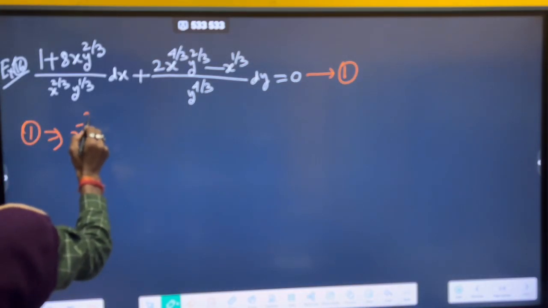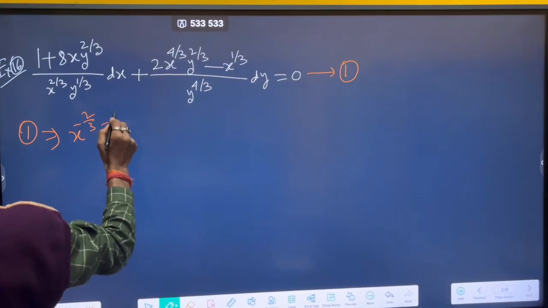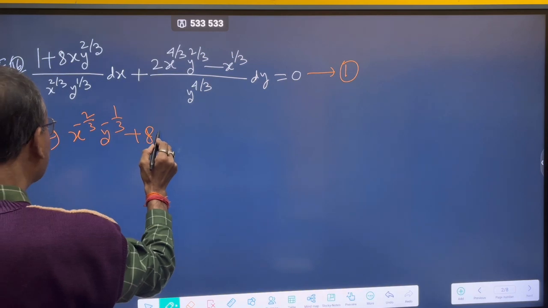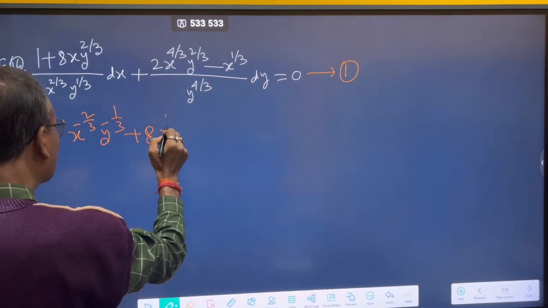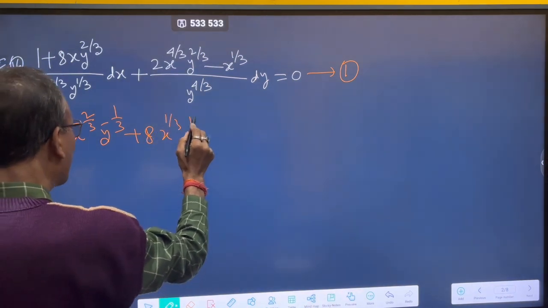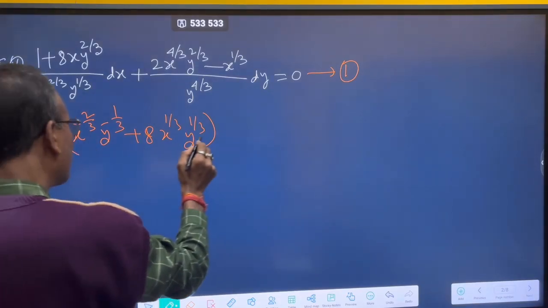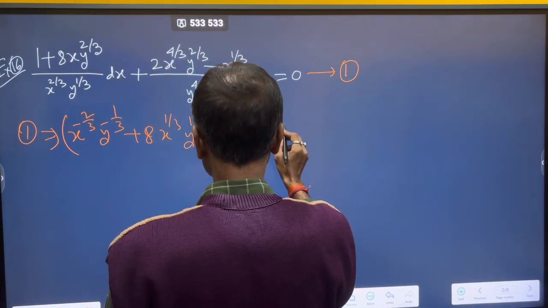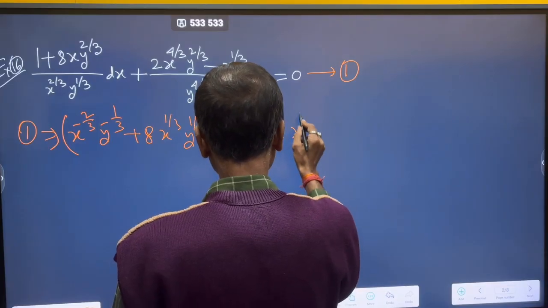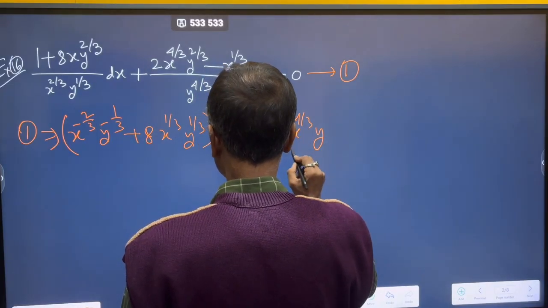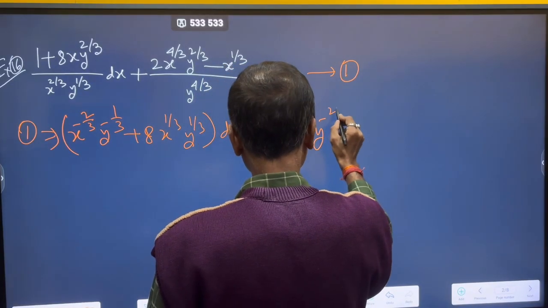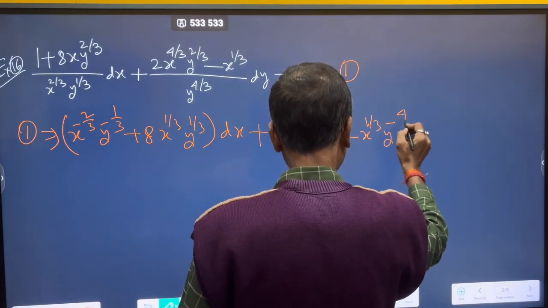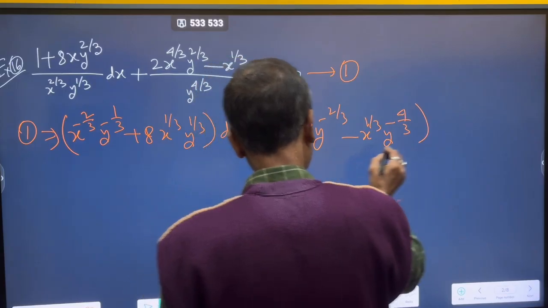Now 1 means x to the power minus 2 by 3 y to the power minus 1 by 3 plus 8 x to the power 1 by 3 y to the power 1 by 3 dx plus 2 times x to the power 4 by 3 y to the power minus 2 by 3 minus x to the power 1 by 3 y to the power minus 4 by 3 dy equal to 0.